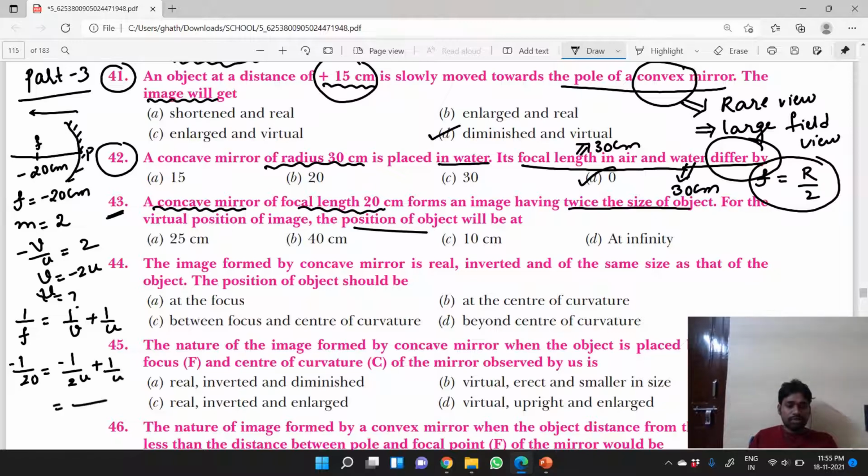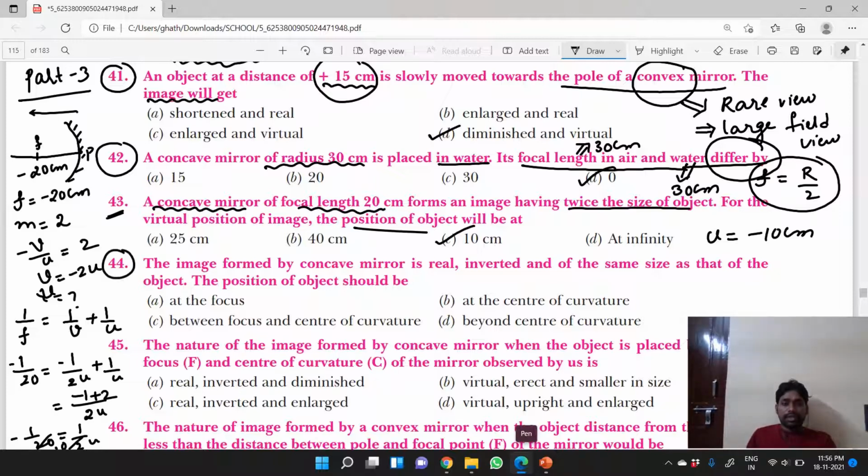If you resolve this, taking 2u as LCM, minus 1 plus 2, so that 1 by 2u is equal to 1 by 20. 2 gets cancelled, it becomes 10. Hence, we can say that object distance u is equal to minus 10 centimeters. Answer is C. I hope you understood, my dear students.